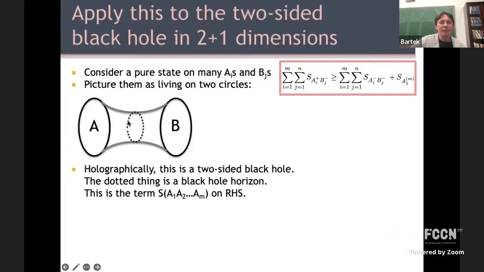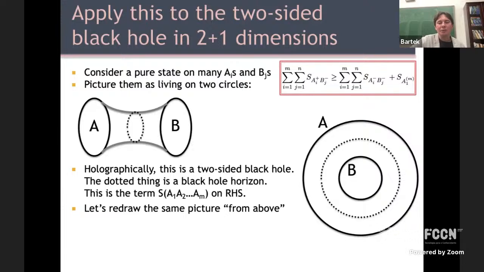The dotted thing which you see here is the entropy of the A terms. That's the entropy of all the A regions. That's exactly the value of this last term, which on the previous slide I advertised as a topological improvement. But from this point of view, it's not a topological improvement. It's just the entropy of the two-sided black hole.